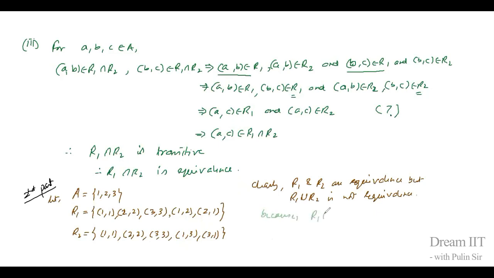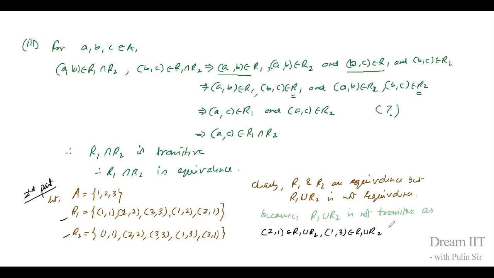So that is the point we now write: R1 union R2 is not an equivalence because it is not transitive. As you can see, in the union both these elements will be there. So I pick one element from R1, which is in the union, and one more element from the union.